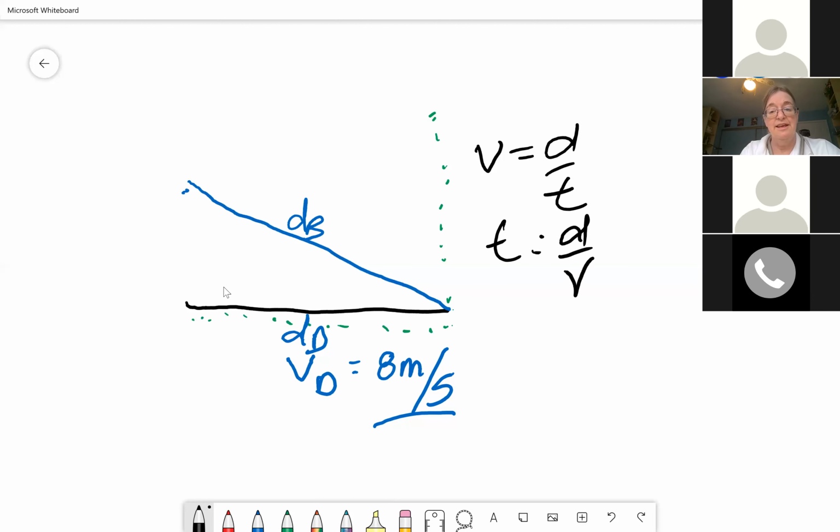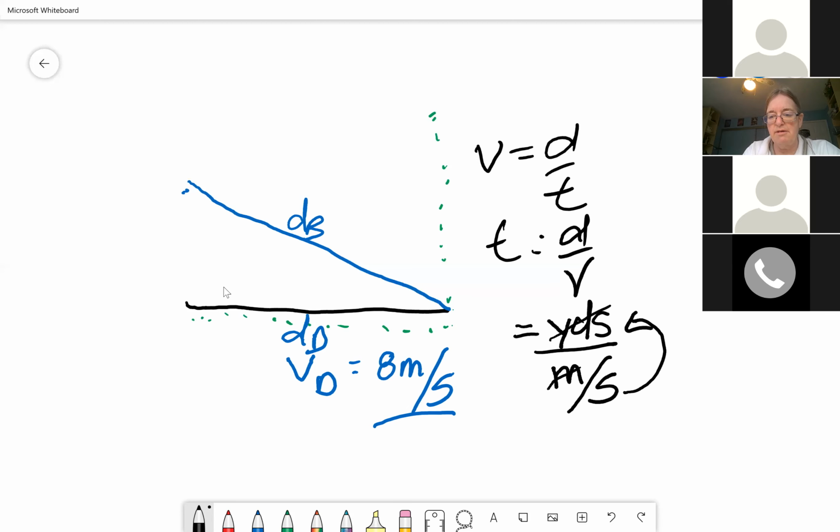So again, if I had it in yards, because it's 50 yards, divided by meters per second, my seconds are going to come up here. And I would expect my meters and my yards are not going to cancel. They have to be in the same unit in order to cancel so that you're left with only time.